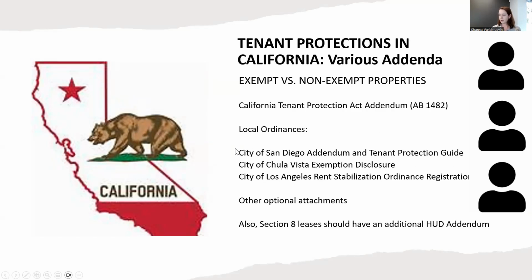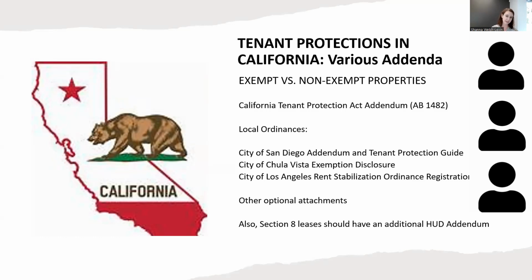So there's lots of other things that we need to consider. Exempt versus non-exempt properties. California tenant protection laws have these exemptions and disclosures that need to be made in order to comply not only with California's Tenant Protection Act, that's the AB 1482, but also, City of San Diego has its own compliance and tenant protection guide that needs to be used.